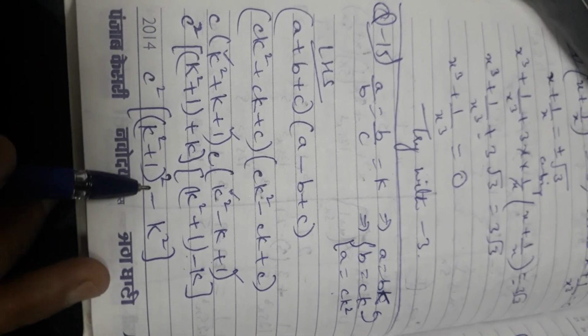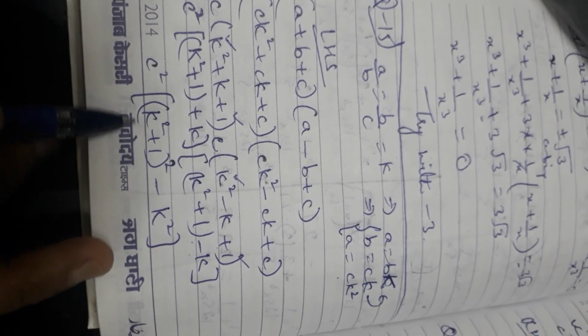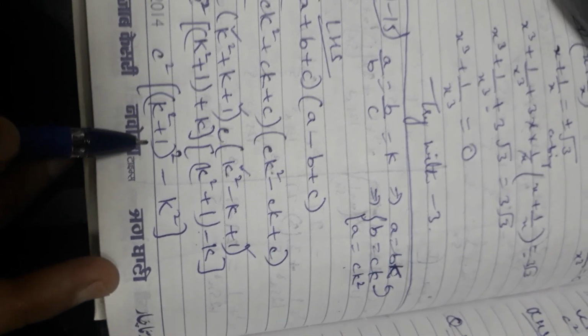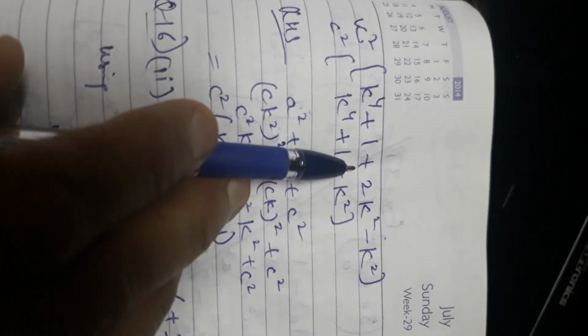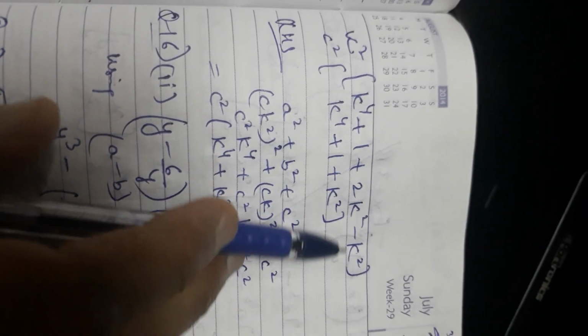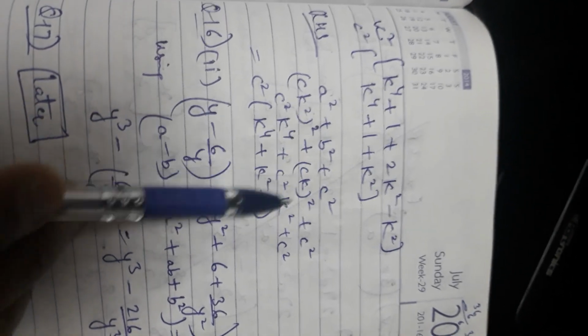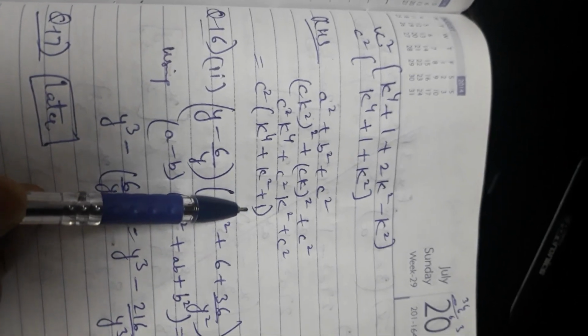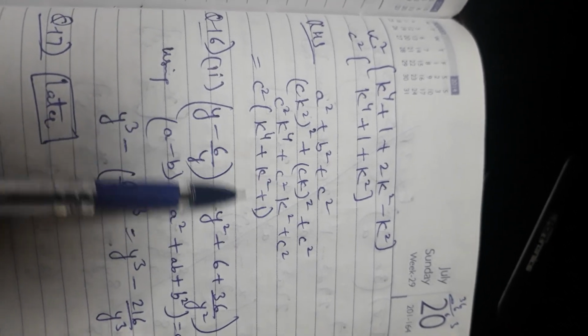So K square plus 1 whole square minus K square. Now the square of this, using the square formula A square plus B square plus 2AB, we simplify. So that gives you K raised to power 4 plus 1 plus 2K square, minus K square as it is, and this gives you K square. Now on the right hand side, when we substitute, we get the same. Again substituting and taking C square common, we get the same.